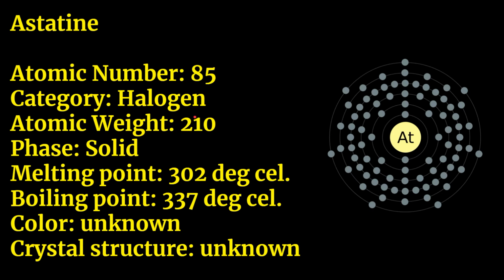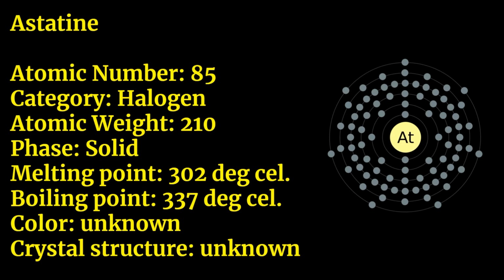Atomic weight is 210, and its phase is solid. Melting point is 302 degrees Celsius. Boiling point is 337 degrees Celsius. The color is unknown, and crystal structure is also unknown. So basically, we know very little about astatine.